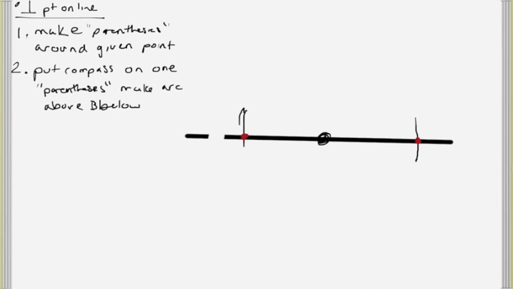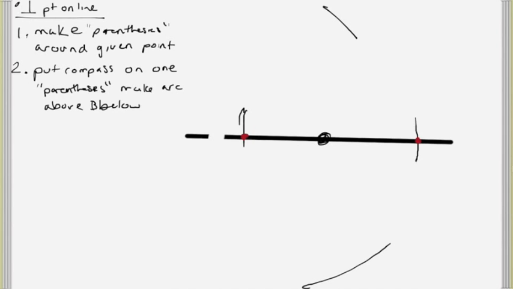And put your compass point on one of those given points and make a mark above and below. You don't actually have to do both. You really can just do one or the other. I like to do both, and I'll tell you why when we're done with the problem.